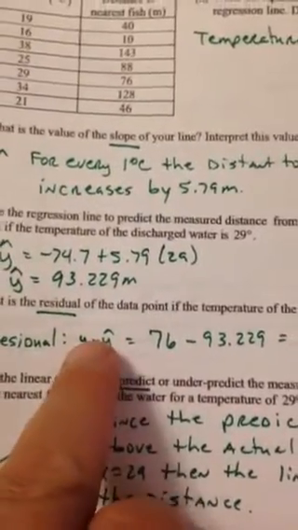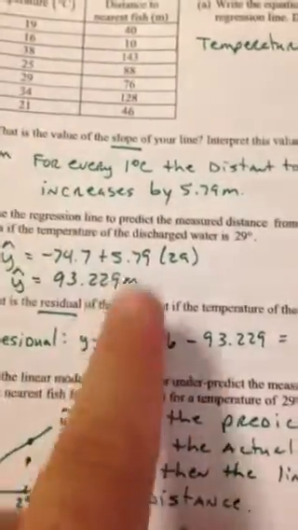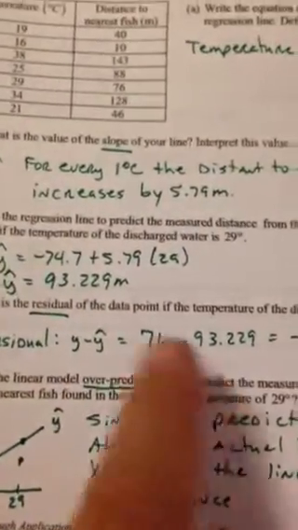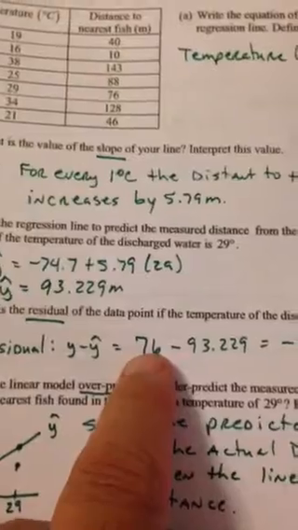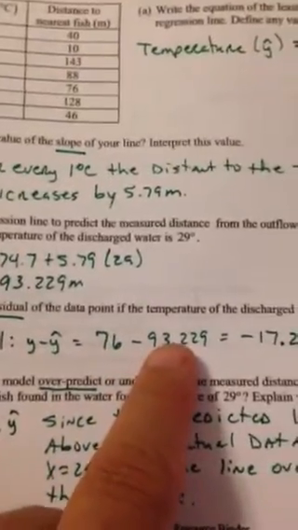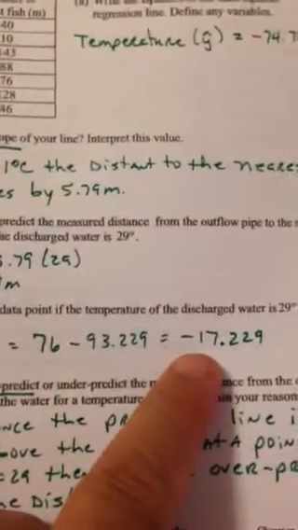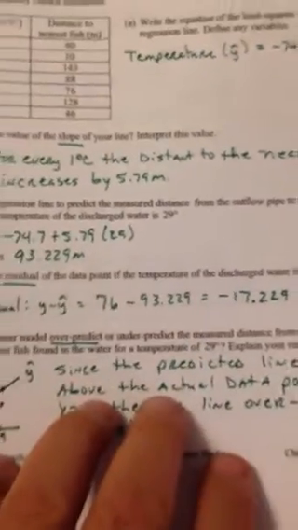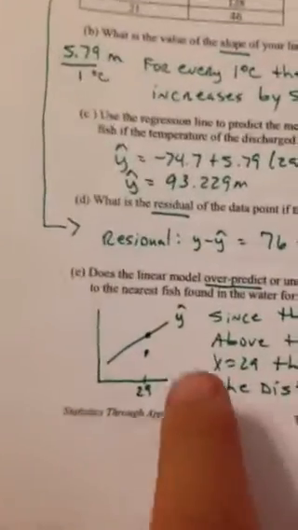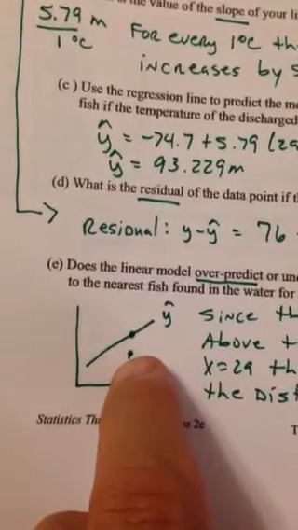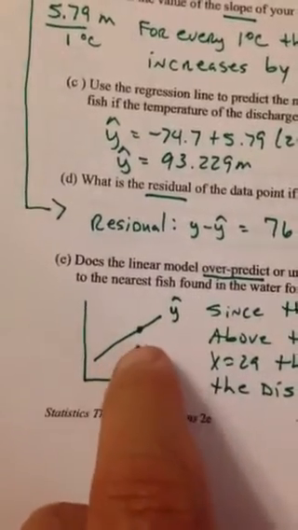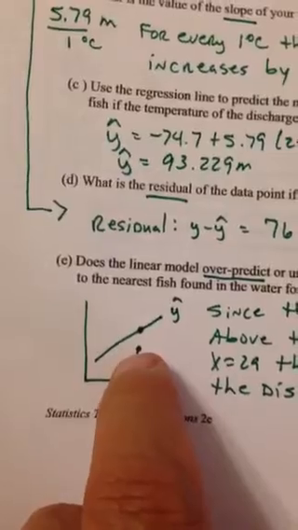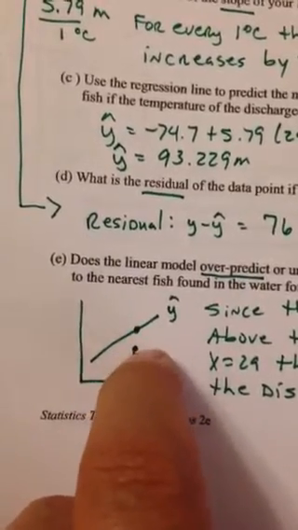You're going to have this exact same type of problem, where you're going to have to subtract the observed minus the predicted. You get a residual of negative 17.229. Now, when you graph it, notice that my observed point is below the line of best fit. Okay? So that's why the residual is negative.